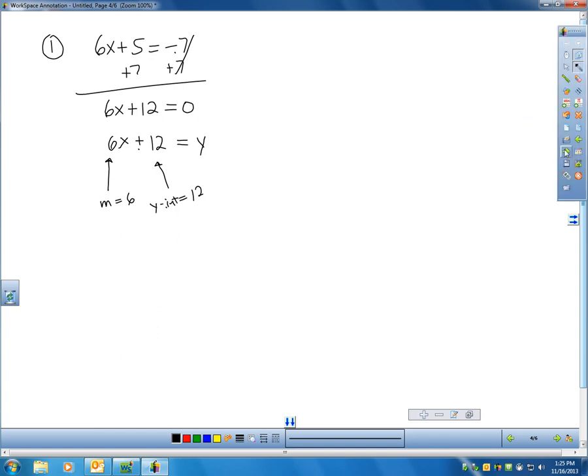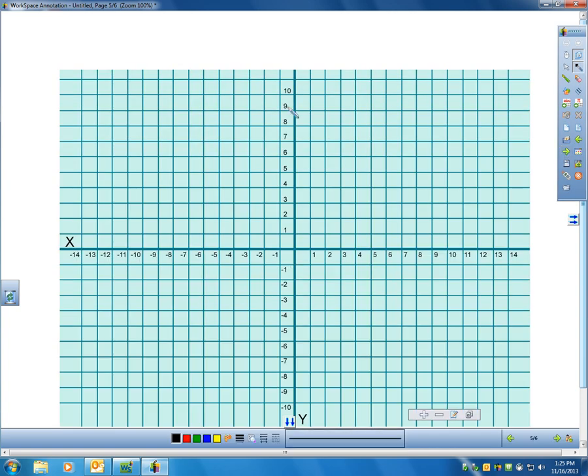So let's go ahead and graph that. 12. It's almost running off my screen. It's about here. And since my slope is 6 and I can't rise 6 and run 1 and fit it on here, I'll go down 6 and left 1, and I'll do that one more time. And I'm going to take my ruler out now and draw a line through these points.